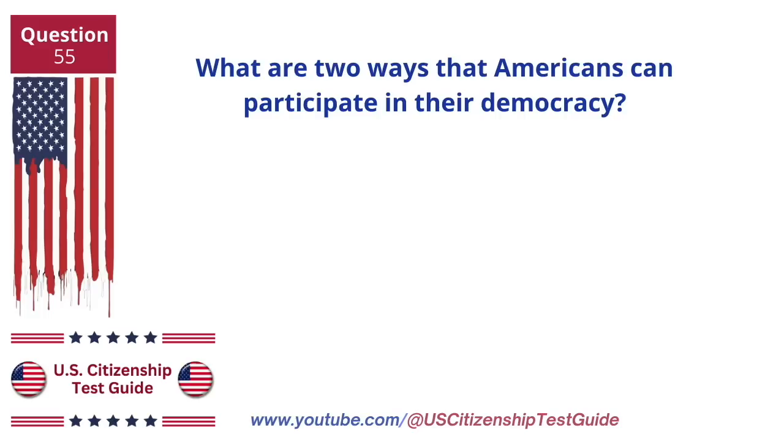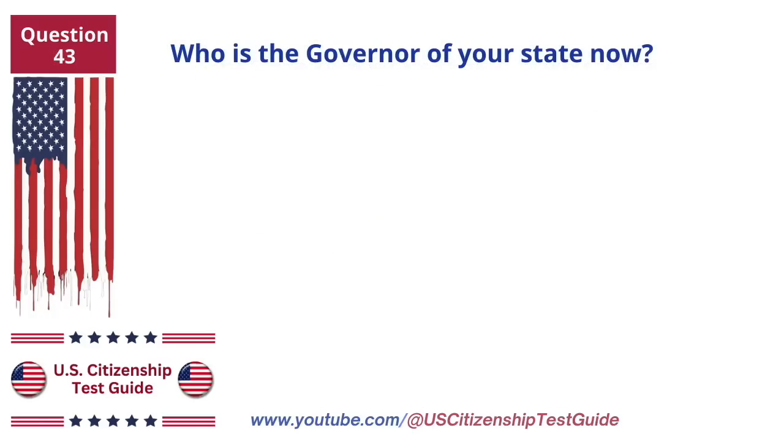What are 2 ways that Americans can participate in their democracy? Vote. Join a political party. Who is the governor of your state now?